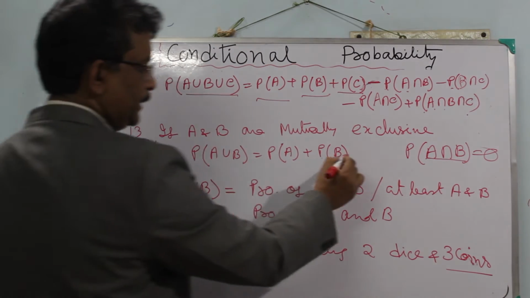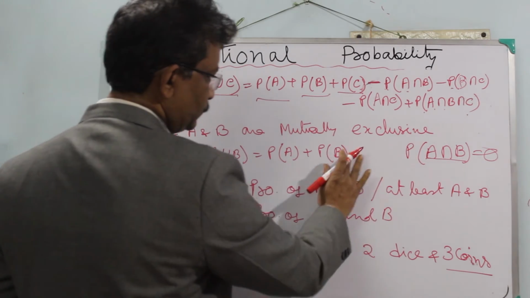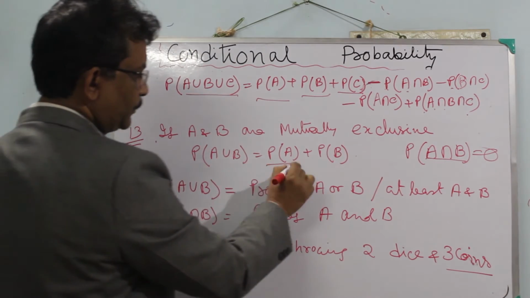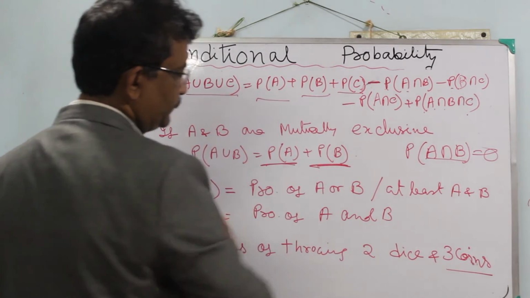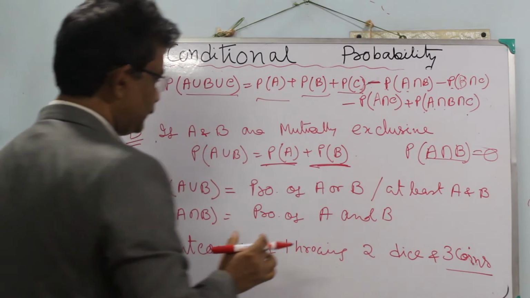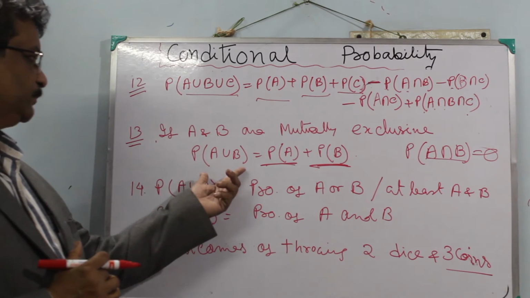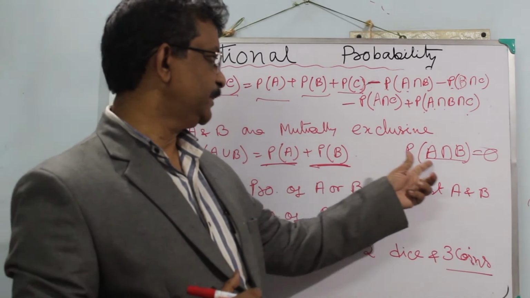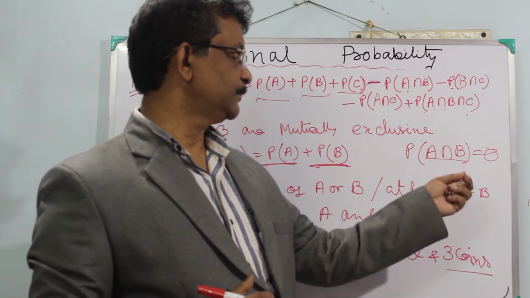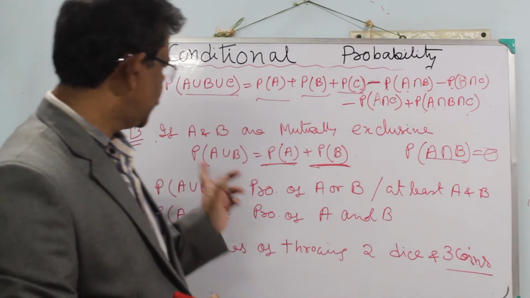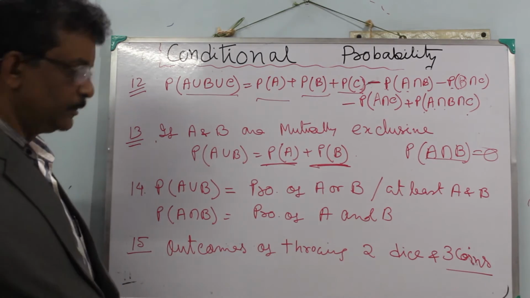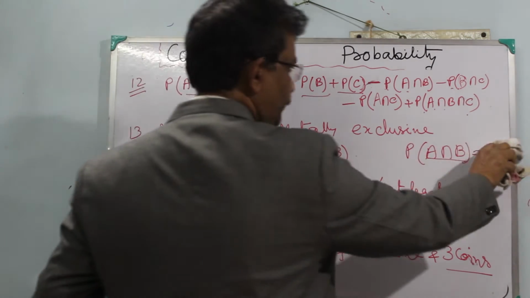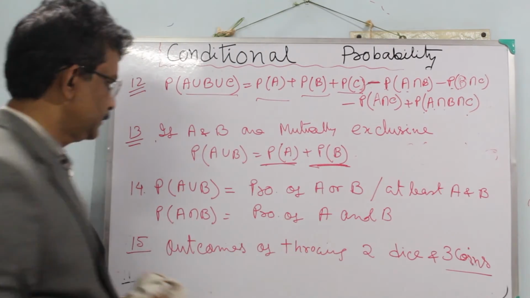So the minus A intersection B is equal to 0, and probability of A union B is equal to probability of A plus probability of B. Previously I mentioned probability of A union B is probability of A plus probability of B minus probability of A intersection B. Since A intersection B is 0, probability of A union B equals probability of A plus probability of B. Clear?